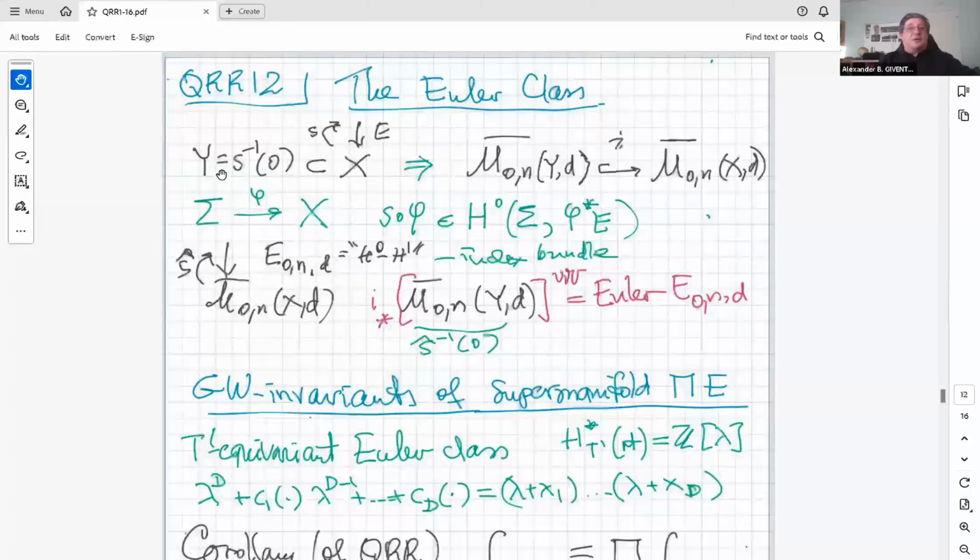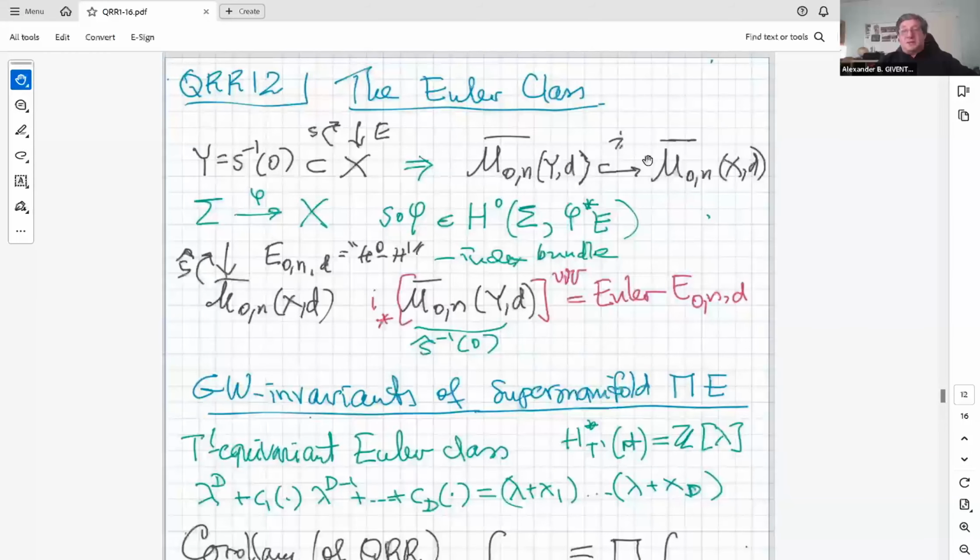For example, CP4, and Y is a quintic threefold, which is a section of a degree 5 line bundle over X. Then, in any case, if Y is a subspace in X, then the moduli space of stable maps to Y is included into the moduli space of stable maps to X. This is true in high genus as well, but it turns out that in genus 0, you can express the virtual fundamental class of that space in terms of the virtual fundamental class of this space.